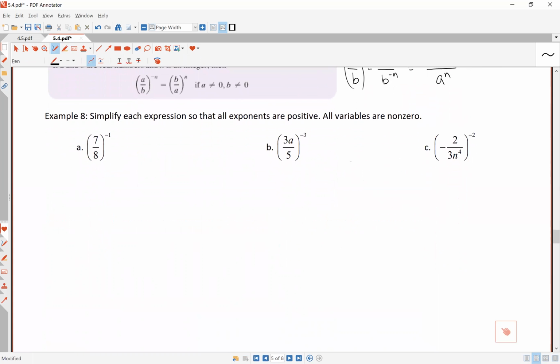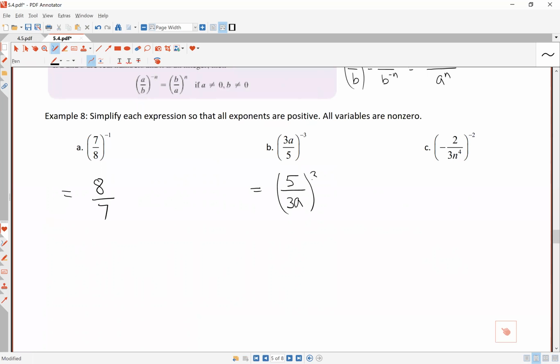So example 8, letter A, we want to make all those exponents positive, and we achieve that by knowing that the 7/8 to the negative 1 is the reciprocal of 7/8, which is 8/7. If it's 3a over 5 to the negative 3, then we take the reciprocal of 3a over 5 and write 5 over 3a.